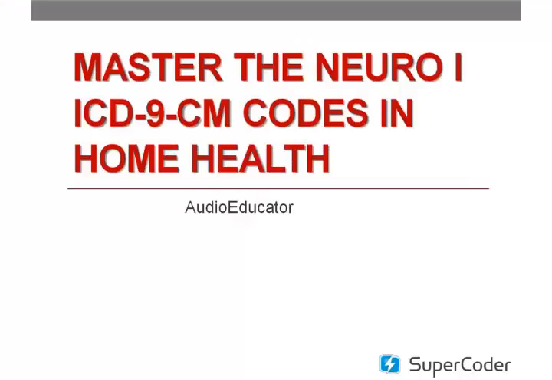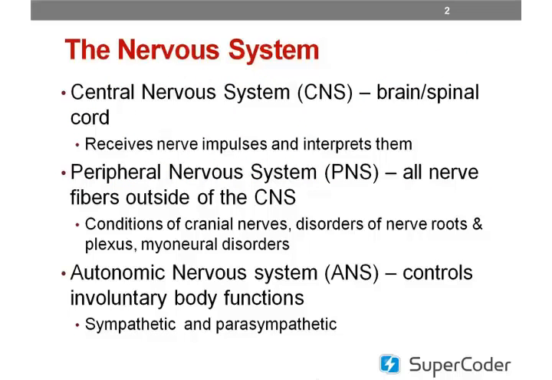Which is all nerve fibers outside of the central nervous system and includes conditions of the cranial nerves and disorders of the nerve roots, the plexus, and the myoneural disorders. There is the autonomic nervous system, which controls involuntary body functions, such as breathing and respiration issues that relate to digestion, etc. And a lot of those codes come into account when we're looking at home health diagnosis as well.